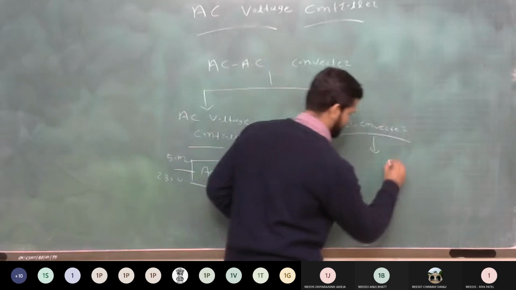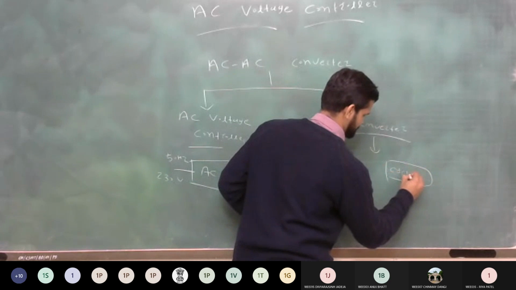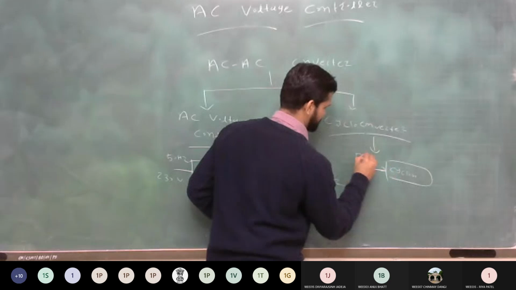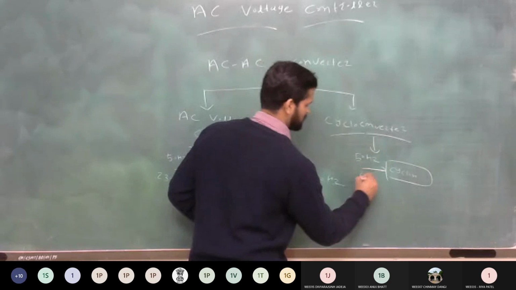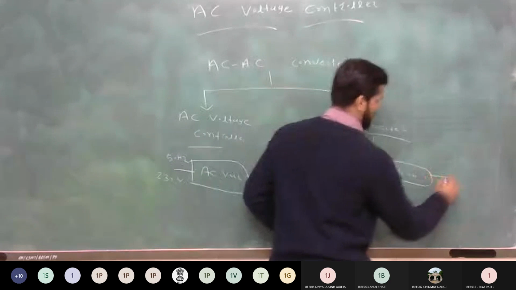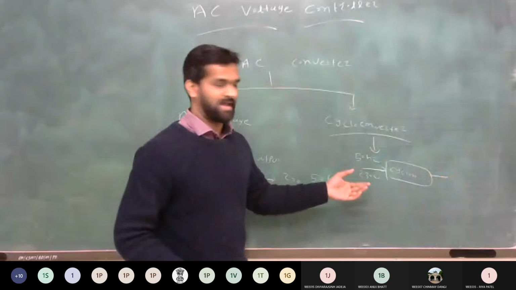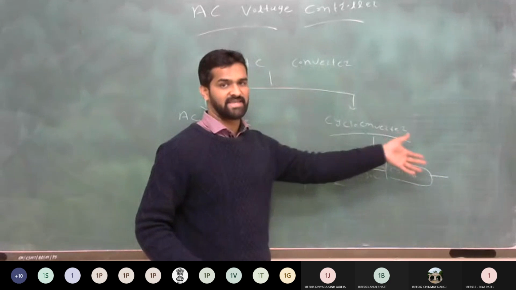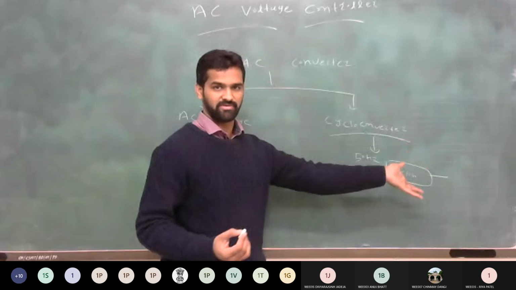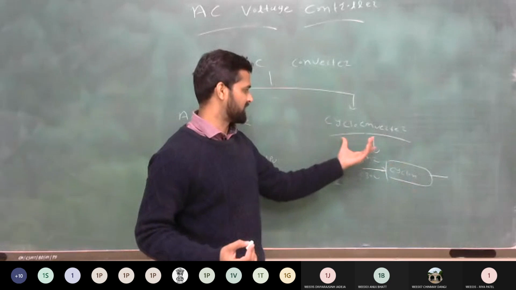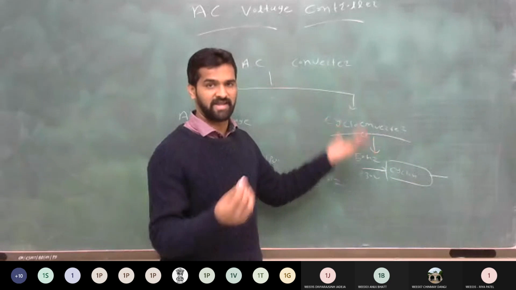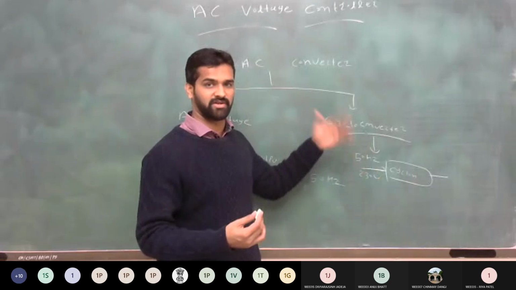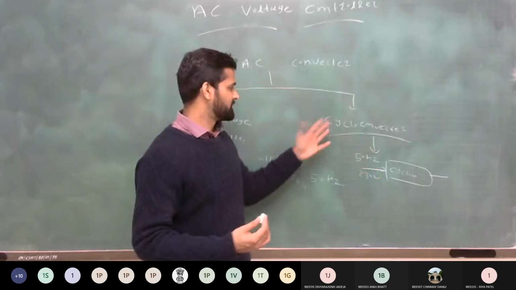So in the cyclo converter, you apply, suppose, 50 Hz frequency, 230 volt. At the output, you may get output frequency more than the supply frequency or less than the supply frequency, whatever you require. That depends upon which type of cyclo converter you use. There are different types, like step down cyclo converter and step up cyclo converter.